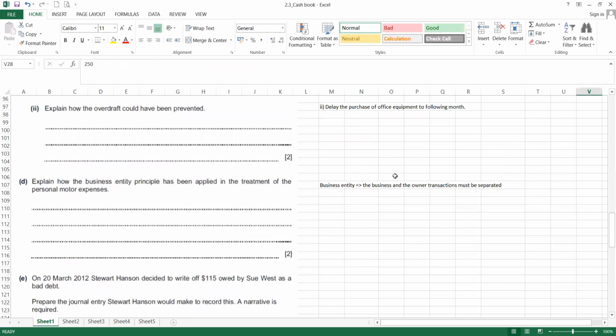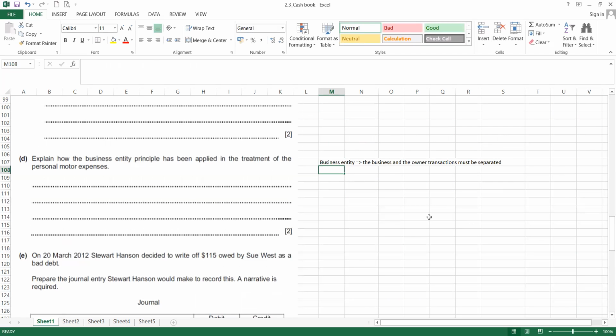So whenever we have personal expenses, the treatment of the personal motor expenses will be credit cash and debit drawing account.